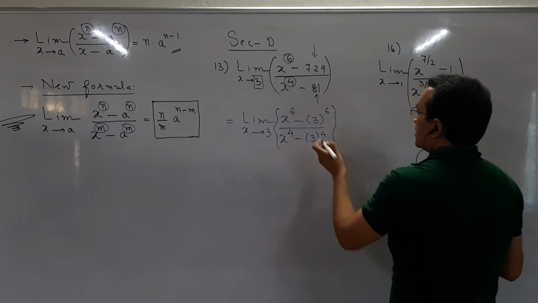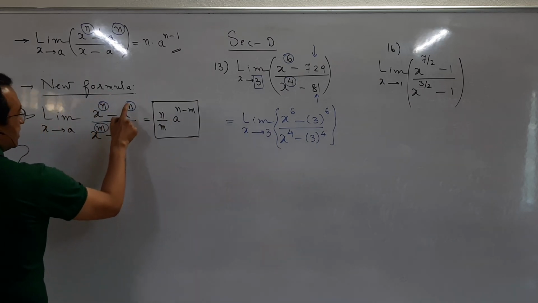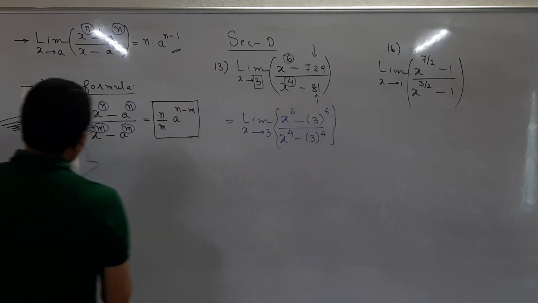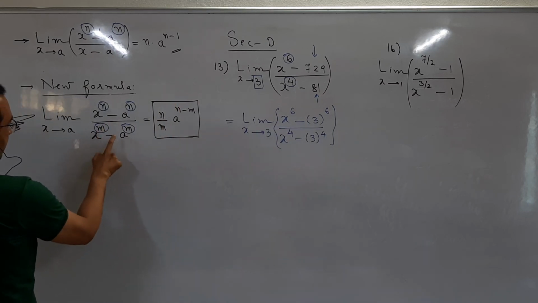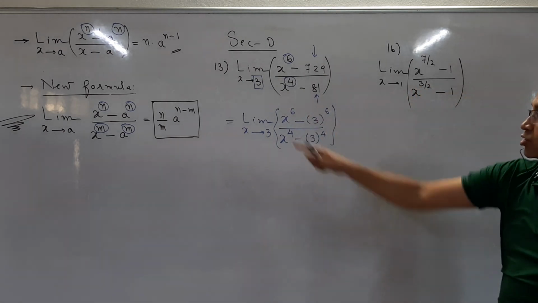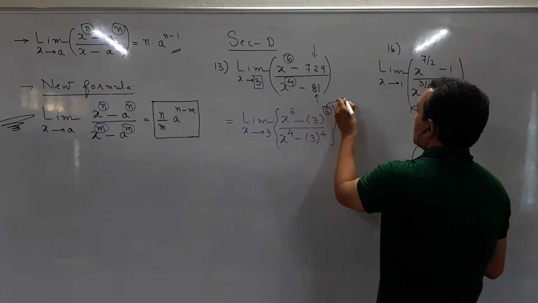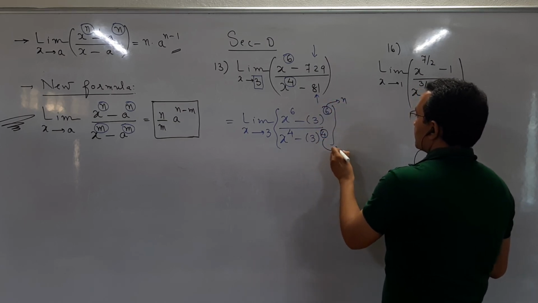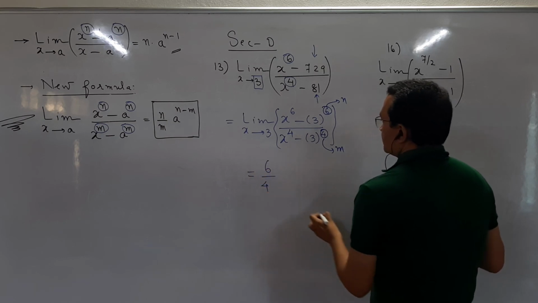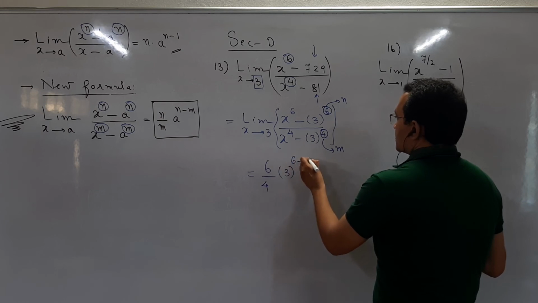Now check. It is in this form: x raised to n minus a raised to n, x raised to 6 minus 3 raised to 6, and denominator is x raised to m minus a raised to m, x raised to 4 minus 3 raised to 4. So apply the formula n upon m. This is n, this is m. So the answer is n upon m, a raised to n minus m.